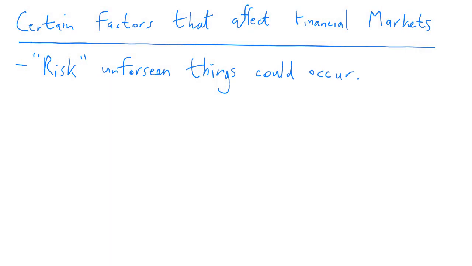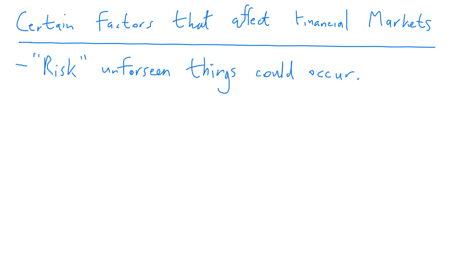So, for example, last class we were discussing an example of why I might want to borrow money. Maybe I'm borrowing money because I'm going to start a restaurant and I need the funds to get the business up and running.